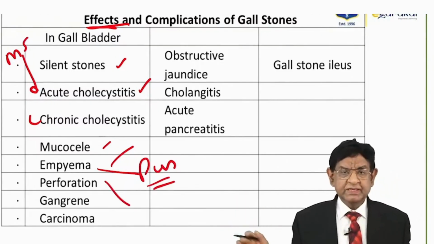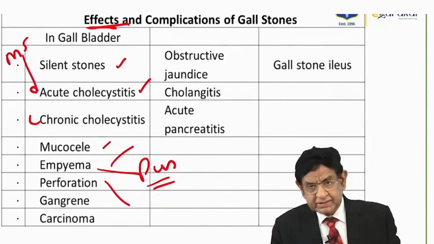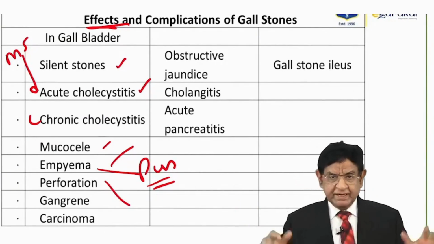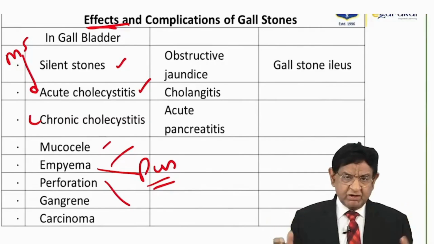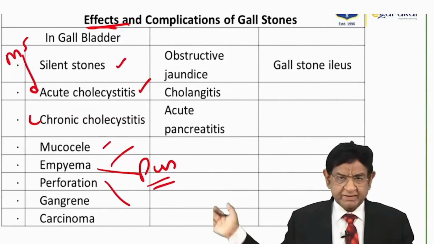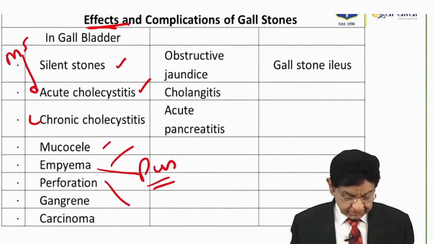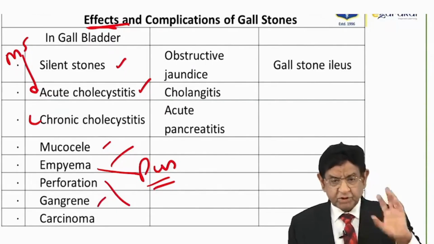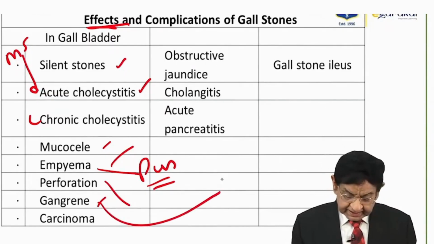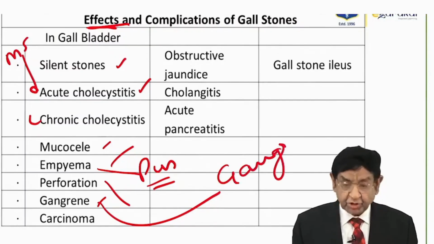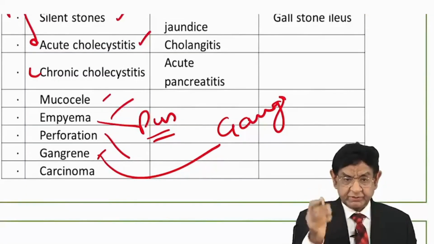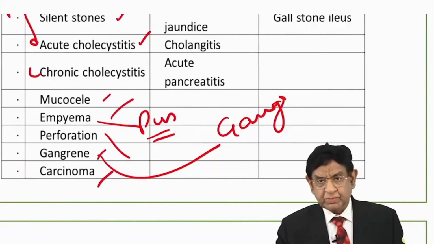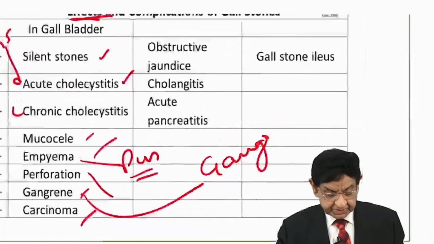After all, the gallbladder is like a balloon. If the duct is blocked and mucus is getting secreted, the gallbladder becomes big. Ultimately it can perforate also, and sometimes torsion may occur, and that can lead to gangrene due to torsion. The gallbladder gets twisted. And carcinoma, about which I'll be talking in the next lecture.